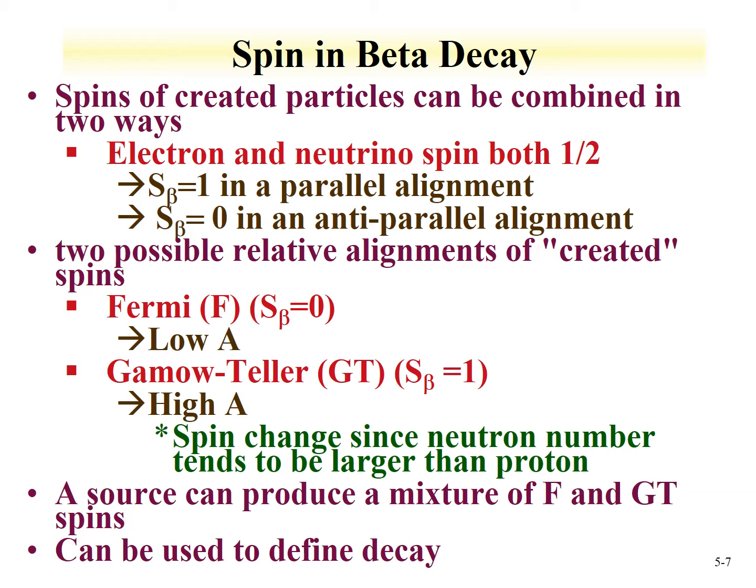This isn't true for Gamow-Teller, where as I go higher in A, I tend to have more neutrons than protons. So if I take a neutron and convert it to a proton state, that spin change will be non-zero, and it tends to be on the order of 1. Sources can have a mixture of Fermi and Gamow-Teller spins. And these spin types can be used to define the decays.